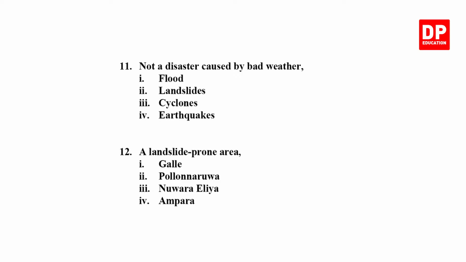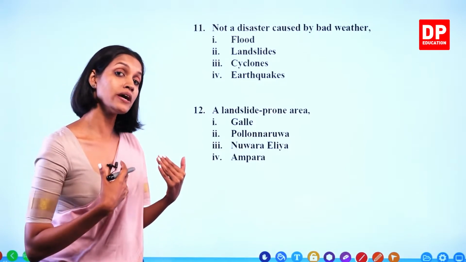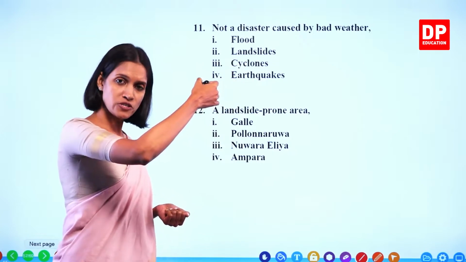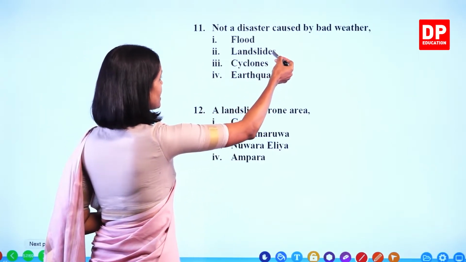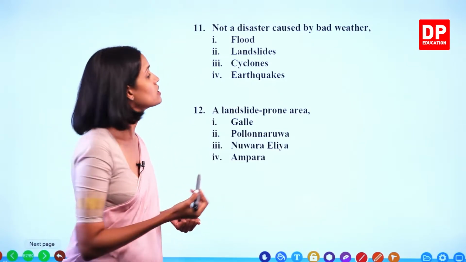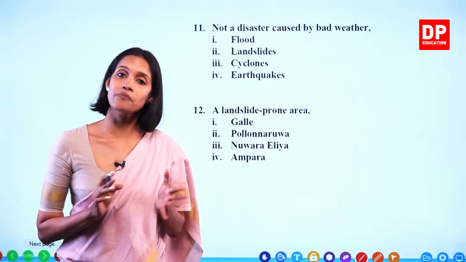Not a disaster caused by bad weather. Not a disaster caused by bad weather, right? So the first one, floods. Floods are caused because of bad weather. Landslides, cyclones, they are all caused because of bad weather conditions. What about earthquakes? Earthquakes are not caused because of bad weather.